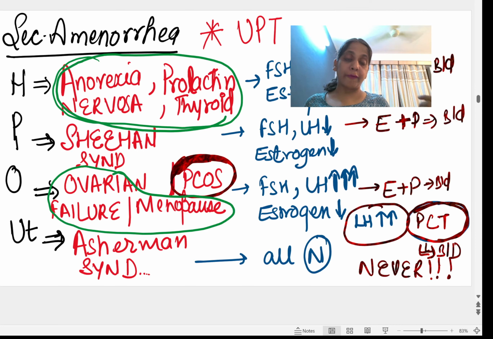Okay, so contraception failure occurs, or combined oral contraceptive pills fail, when we are taking drugs in which the metabolism enzymes get activated.